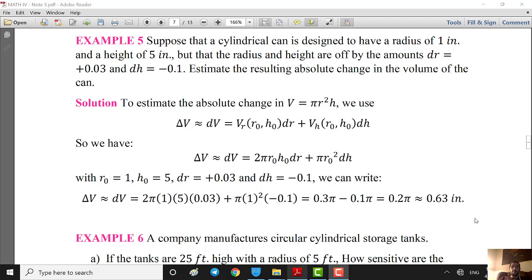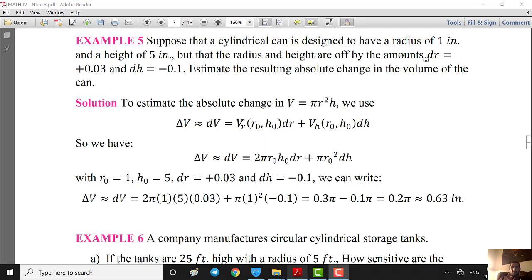Now, example 5 says, suppose that a cylindrical can is designed to have a radius of 1 inch and a height of 5 inches, but that the radius and height are off by the amounts of dr equal to plus 3% and dh equal to minus 0.1, which is minus 10%.